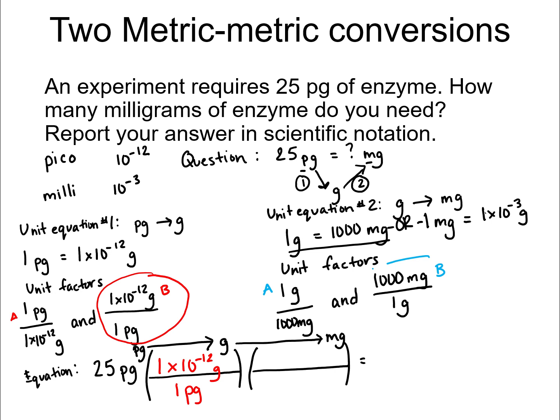So you got to pay attention. It all depends on which way you set up your unit equation, whether or not it's going to be A or B. So you got to watch. Always check for your units. We were looking for the grams in the bottom, and that's B.